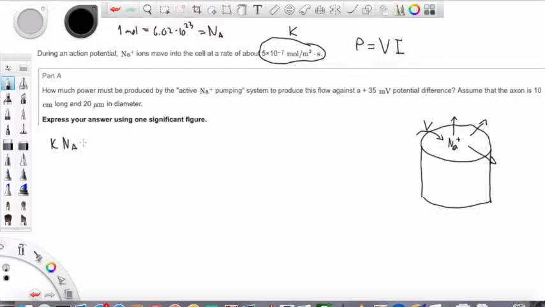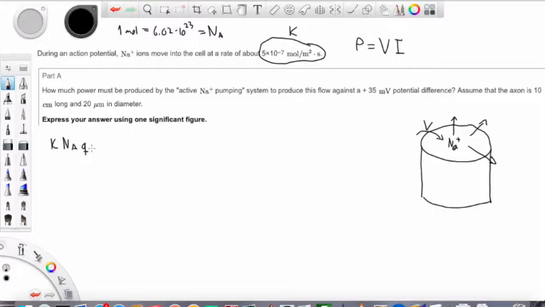If we multiply that number of atoms by the charge of 1 sodium ion, we know how much charge we are pushing through per meter squared per unit time.